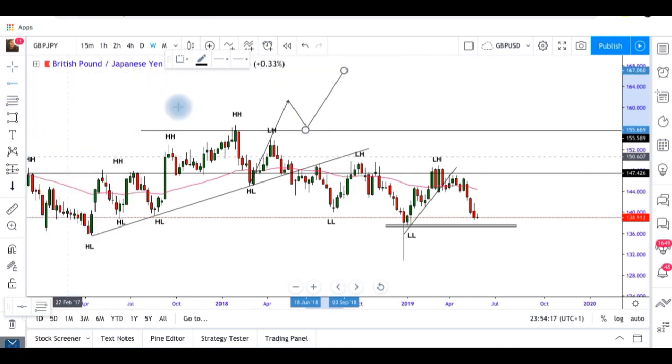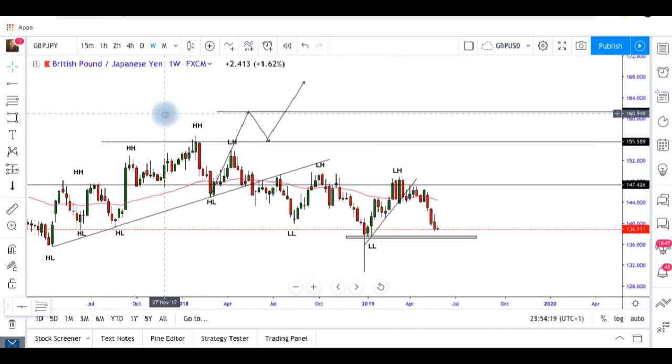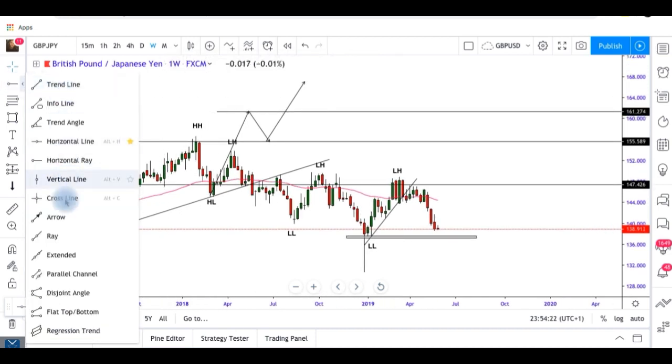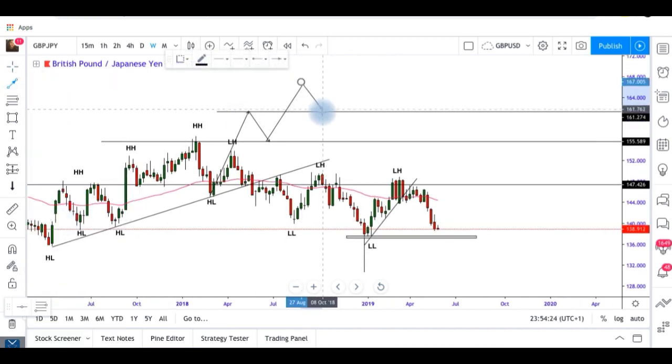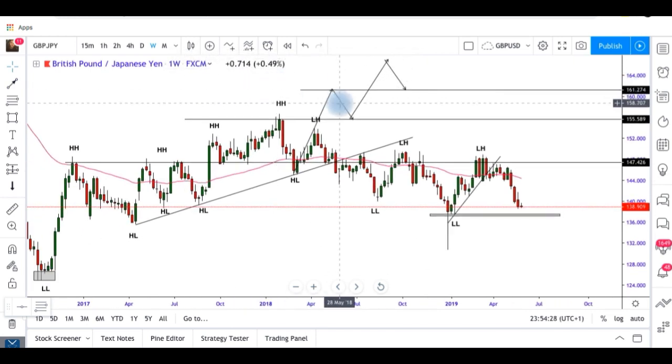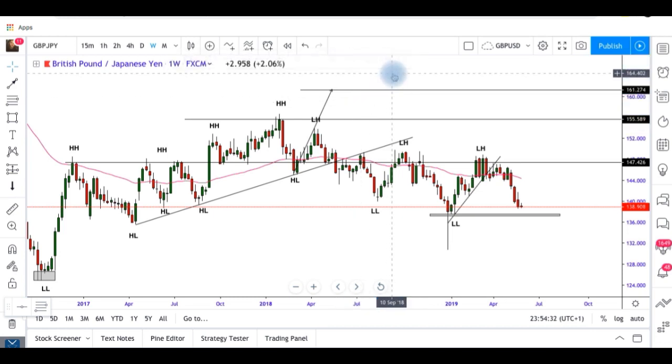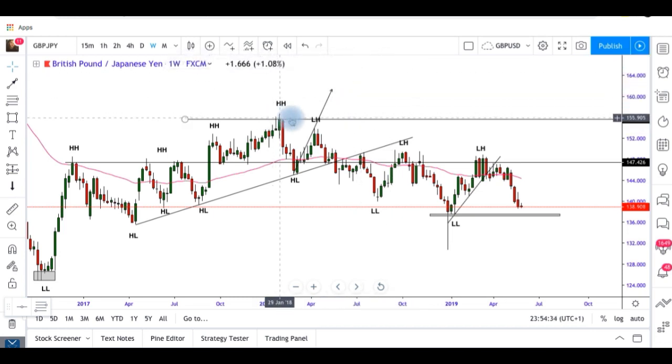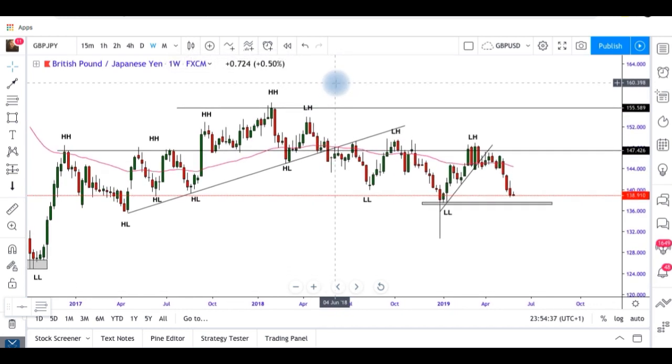Okay, and then use this previous resistance as support to then come down. But obviously what happened here is this original resistance remained as resistance because we never broke above it.